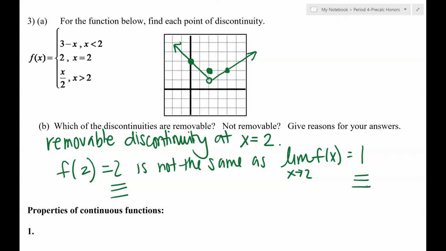So we have some properties for our continuous function. Five of them to be exact.